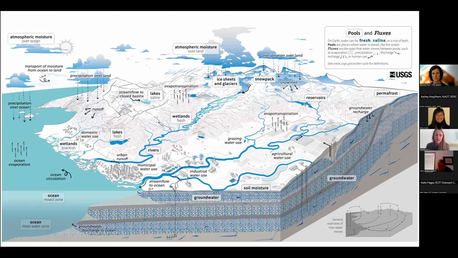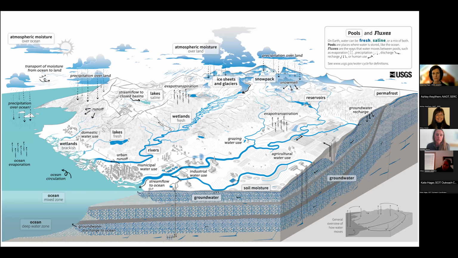The second key scientific concept that I'm going to highlight is our depiction of multiple watersheds. From the outset, we felt that it was important to visually communicate that the water cycle is not a single big cycle, but is composed of many smaller nested cycles that are active across the landscape.